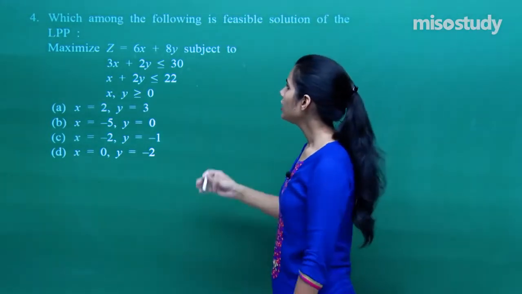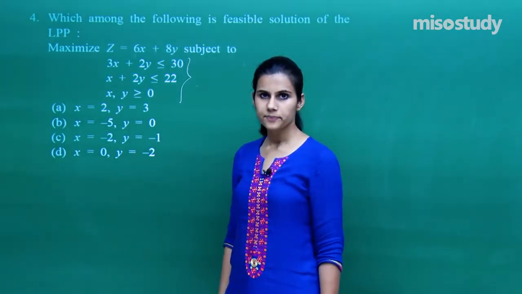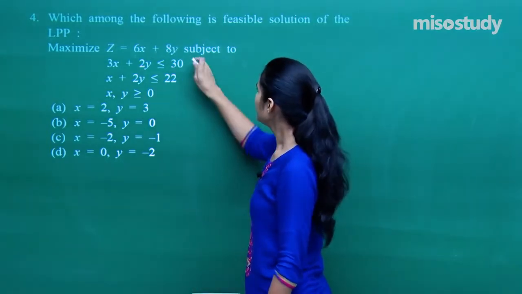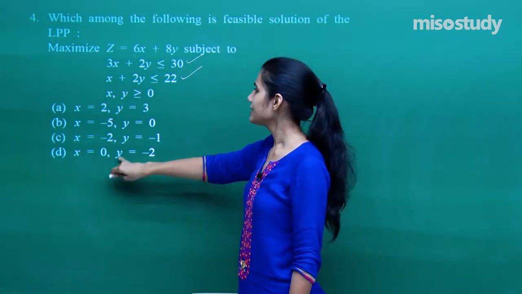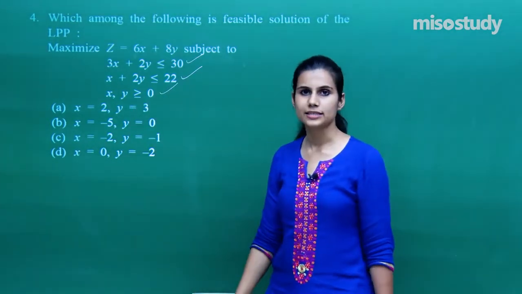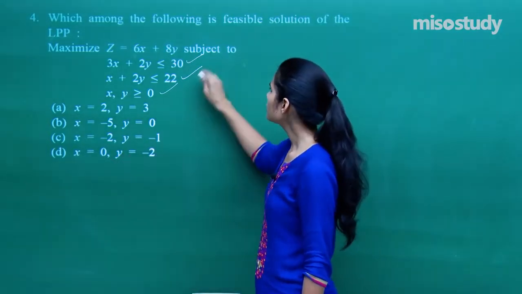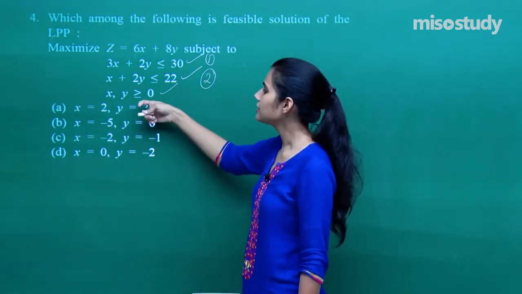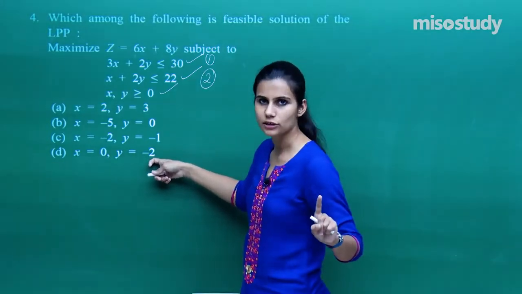That means first of all the coordinates should satisfy all the constraints, and if the coordinates satisfy the non-negativity constraint as well, the solution becomes a feasible solution. Here C and D are going to satisfy the first and the second constraint, but they are not satisfying the non-negativity constraint. So they are solutions, but they are not feasible solutions.